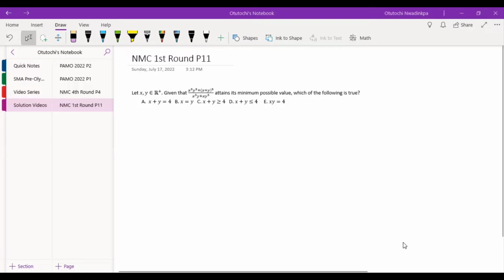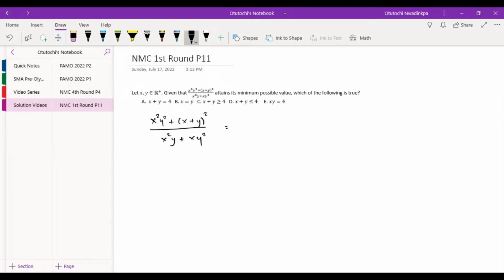So let's start with what we are given. We are given x squared y squared plus (x plus y) squared over x squared y plus x y squared. Let's try to simplify this a little bit.